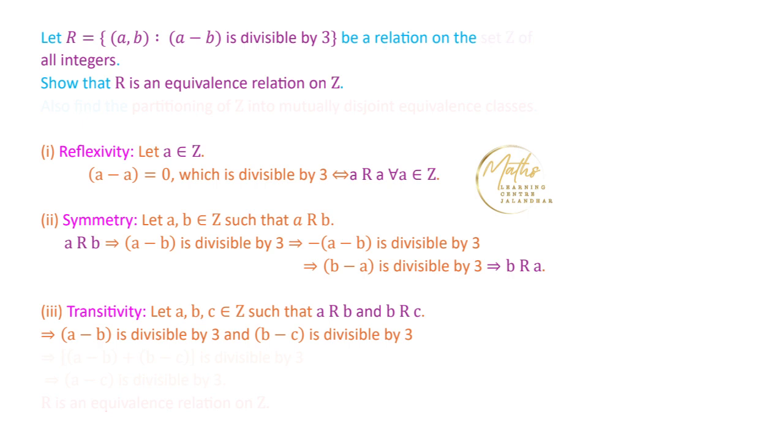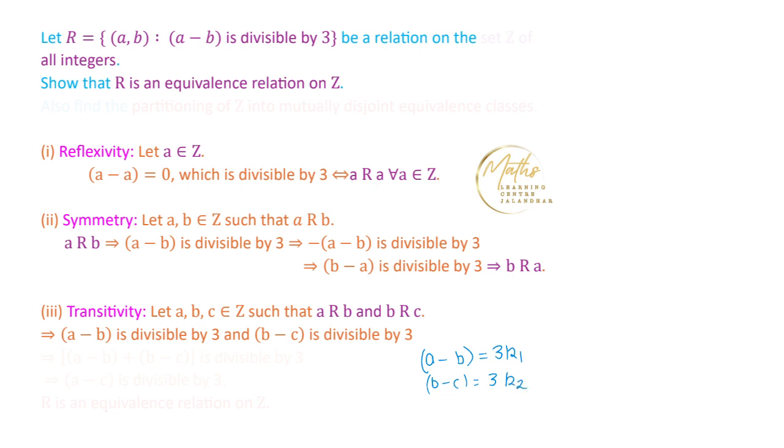If a minus b is divisible by 3, it means there is some number k1 such that a minus b is equal to 3 times k1. If b minus c is divisible by 3, then b minus c is equal to 3 times some number k2.